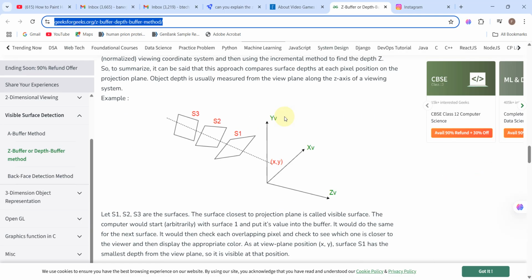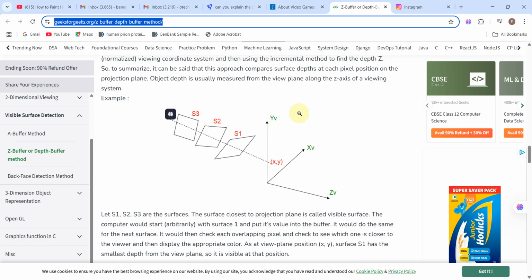So yes, this is what I was trying to explain. Suppose this is the point where the camera is kept, and this xy is constant, and you are only looking at the z coordinate right now. So this z value for the surface S1 will be lesser than this value. Here the negative z axis is there, so suppose this is minus 2, then this is minus 4, then this is minus 5, and you can see surface 1 is coming before surface 2.